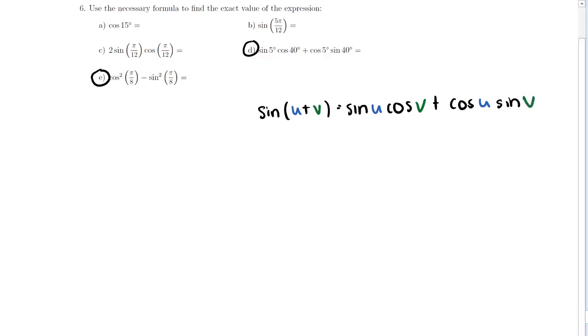And that's exactly what we have here, where the first angle is 5 degrees, and the second angle is 40 degrees.